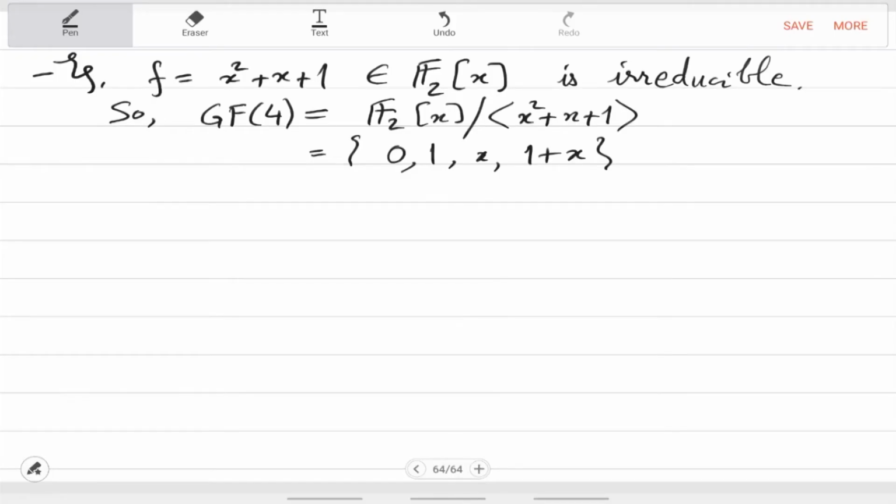Similarly, you can think of x cube. All the other higher degree monomials reduce to this. So when you multiply elements, so when you multiply x with 1 plus x, multiplication actually requires one polynomial multiplication operation and then also division, right? So all those things are again implicit whenever we talk about complexity, that you have to actually do division here.